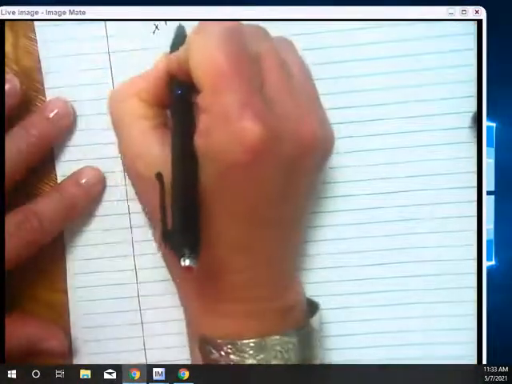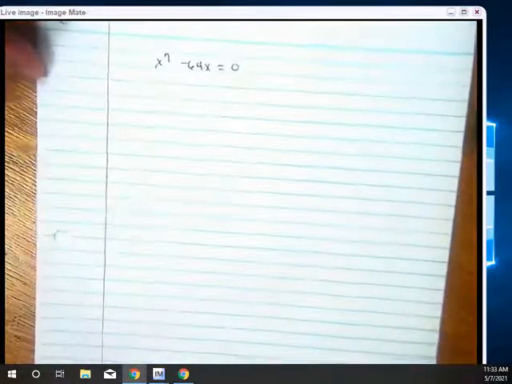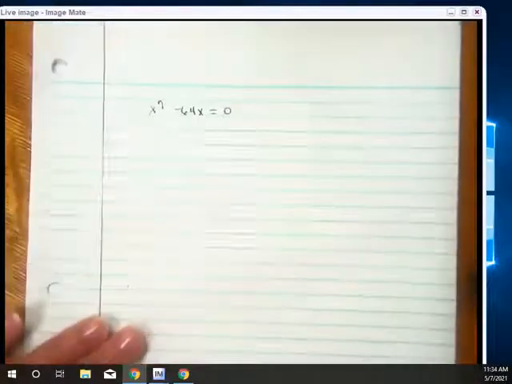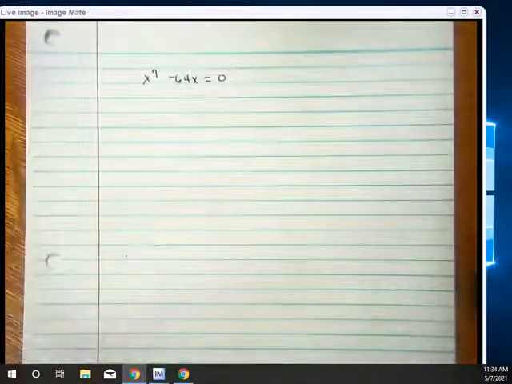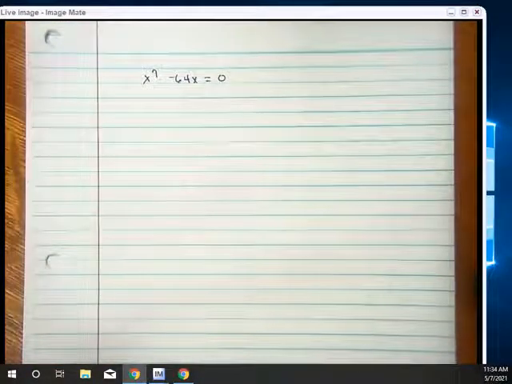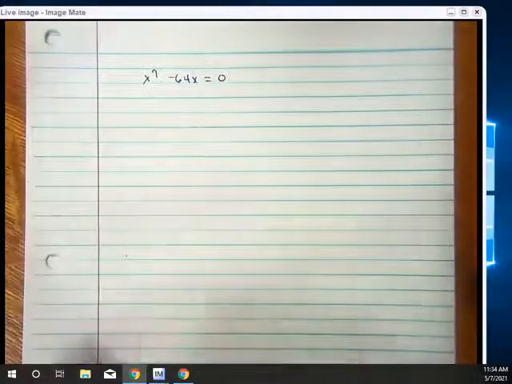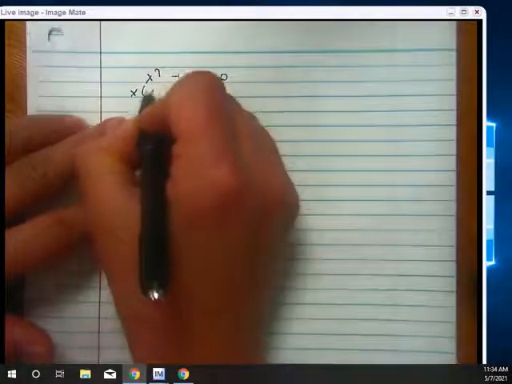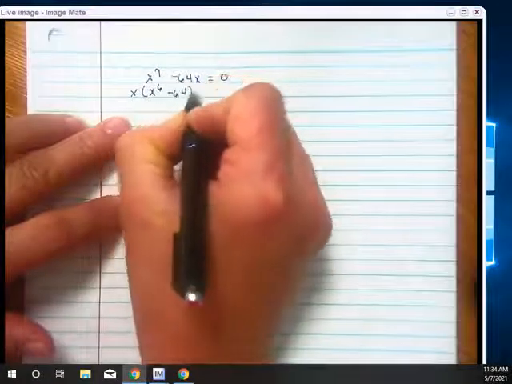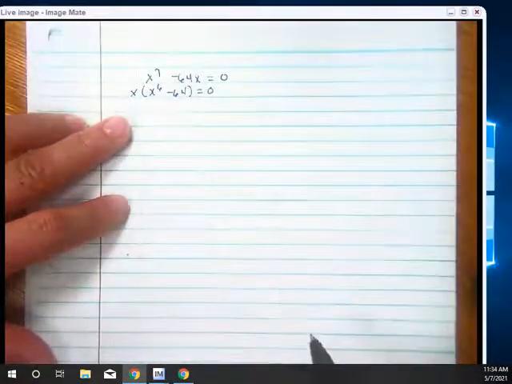Okay, so when we're moving on, we have x to the 7th minus 64x equals 0. From algebra, how are you going to solve that? What's the first thing you're going to do? Greatest common factor. If you take the greatest common factor of x out, it becomes x to the 6th minus 64 equals 0, correct?